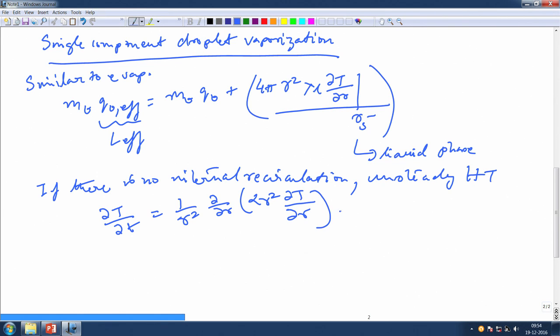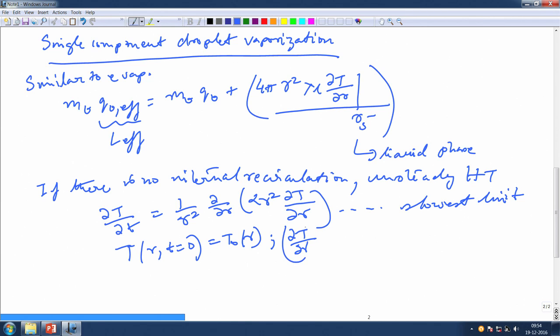This is nothing but the slowest limit, because the heat is transferred by conduction in this particular case. You have the boundary conditions and the initial condition that at t equal to 0, T is equal to T naught everywhere, and at the center of the droplet, at r equal to 0, the gradient is equal to 0, this is the boundary condition.